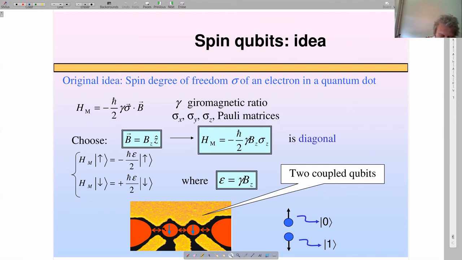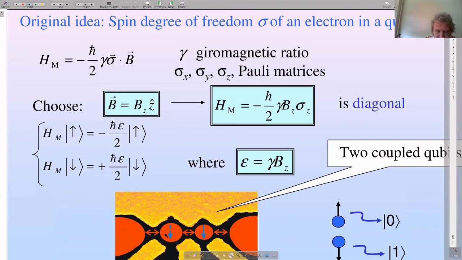So, for instance, in these quantum dots, one can achieve trapping of two electrons with different spins, in this quantum dot and in this quantum dot.